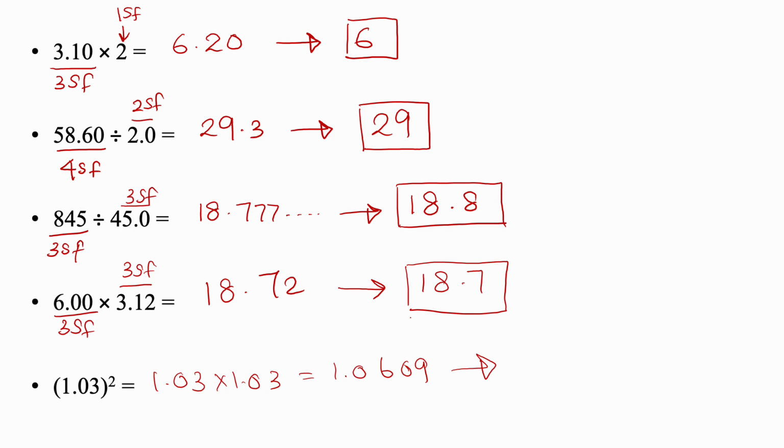But depending on the given number, 1.03 has only 3 sig figs, so you need to have only 3 sig figs in your final answer, which gives you 1.06 as the final answer. So this is how you use the rules of significant figures when you do calculations, and when you learn these significant figures, when you do any calculation after that, you have to keep the correct number of significant figures.